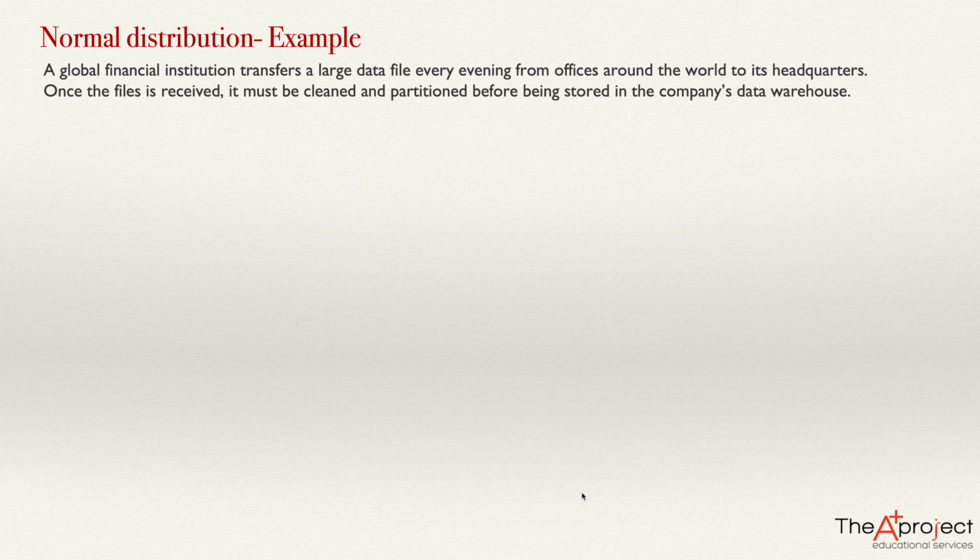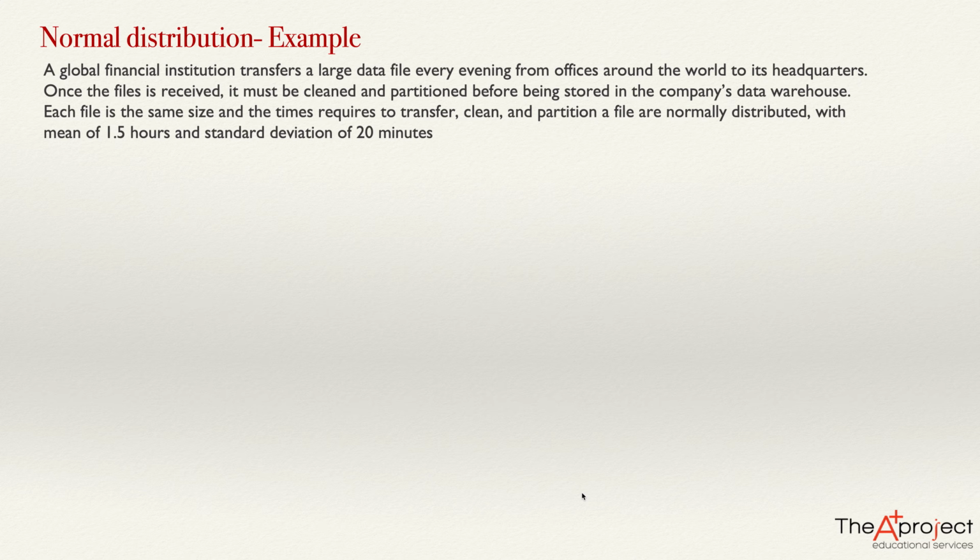It says, a global financial institution transfers large data files every evening from offices around the world to its headquarters. Maybe its headquarters is in another city. Once the file is received, it must be cleaned and partitioned before being stored in the company's data warehouse.